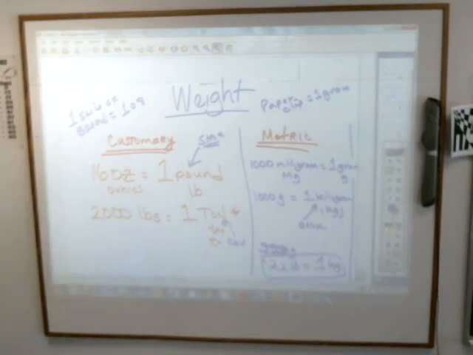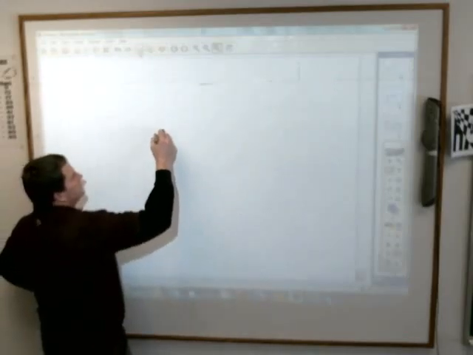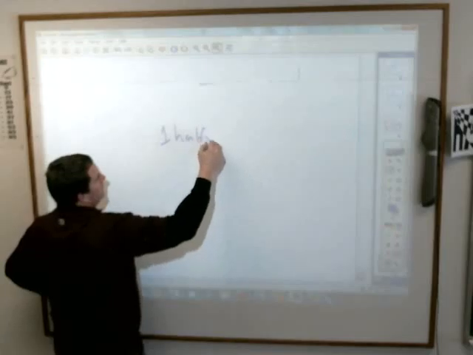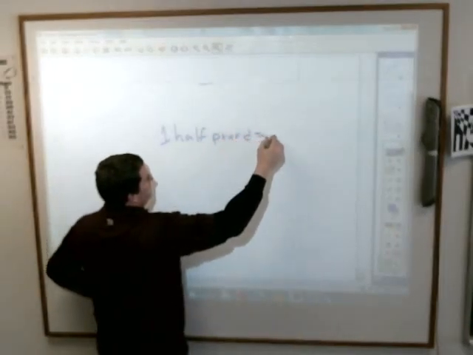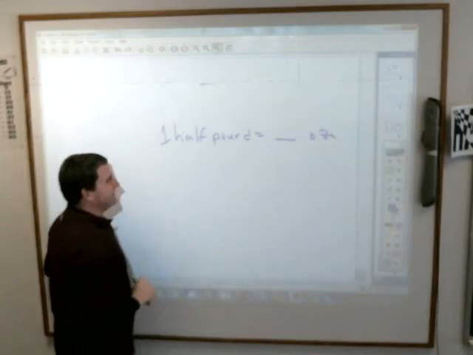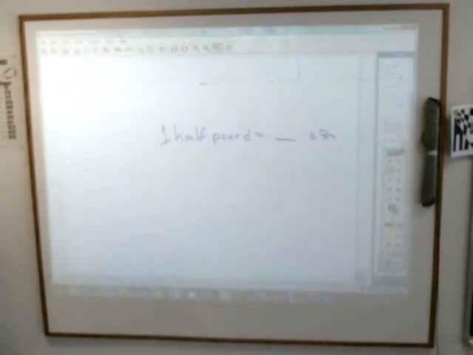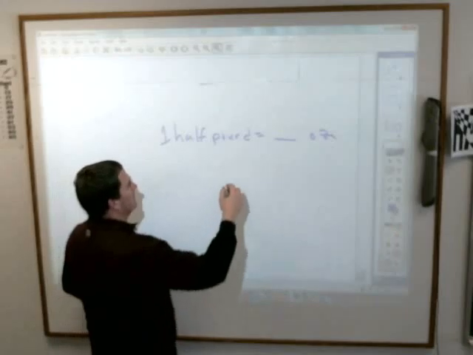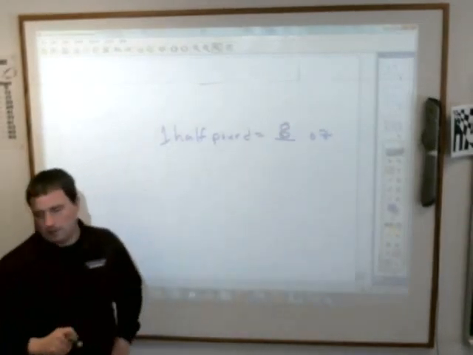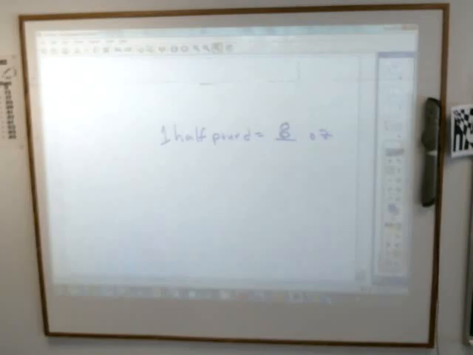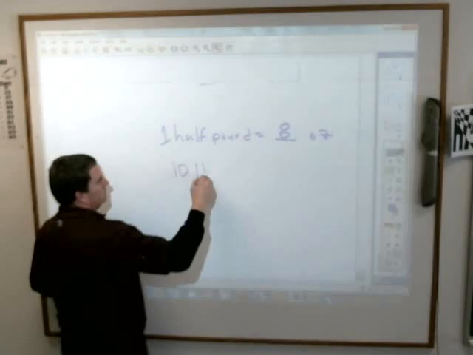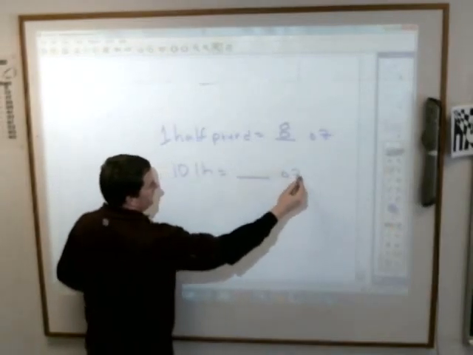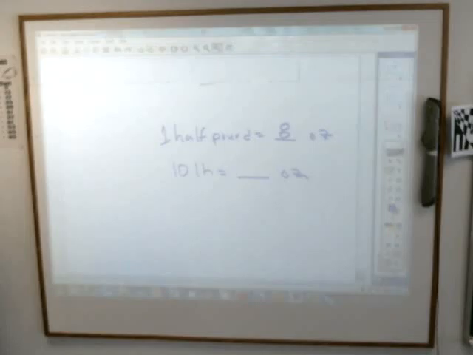Some of the questions they're going to ask you is, a half a pound is how many ounces? If 1 pound is 16 ounces, then a half a pound would be, Alex? 8 ounces. They might ask you something like 10 pounds of potatoes equals how many ounces?